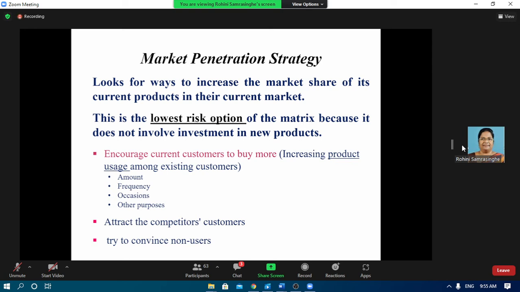Even the packages and all these things: after using the product, they can apply the package for other purposes, not only one purpose. Maybe if you are taking cooking chocolate, you use it not only for cooking but for some other purposes as well.